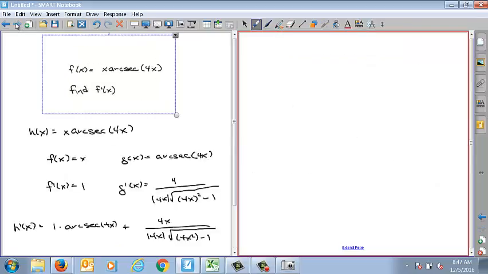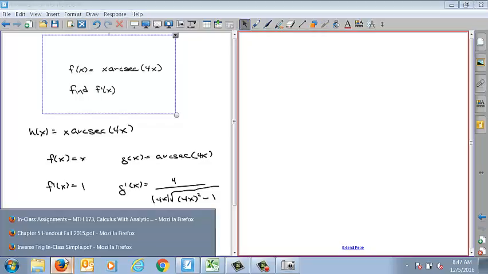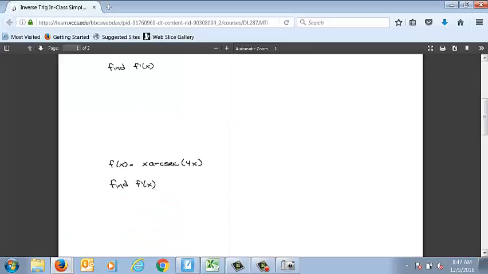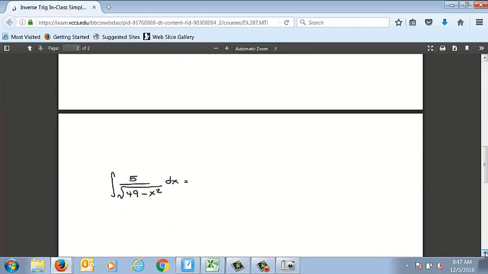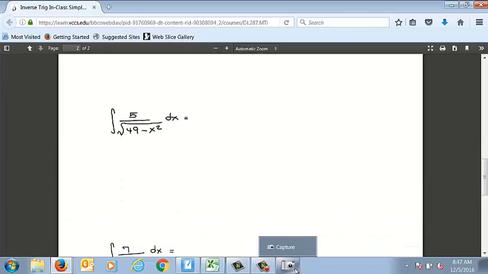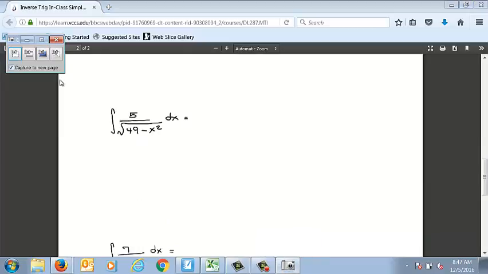Okay, now moving on to the next part. These should be reasonably easy because we're just plugging numbers into the formula. So I'm not spending a lot of time on those. And then these three, again, should fit the formulas exactly, because x squared is going to be u squared, or u is going to be x.